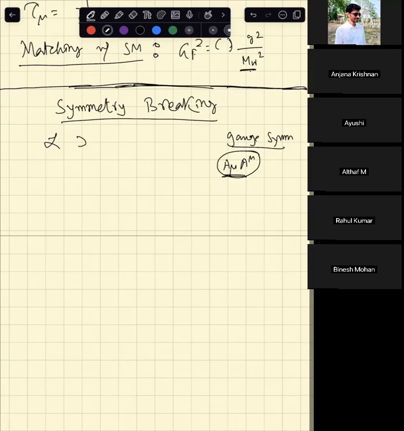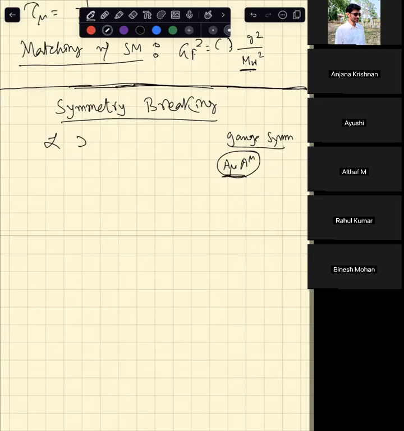Then how can we explain the massive gauge bosons? Because that is needed. We have observed that, and also there is the intermediate vector boson theory where we have massive gauge fields. If you see the Proca Lagrangian, there are massive gauge fields, but these gauge boson masses are not protected by the gauge symmetry.